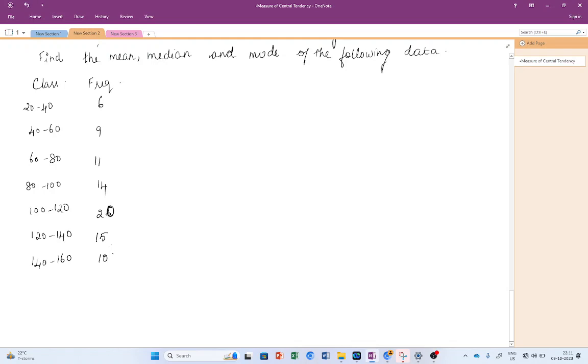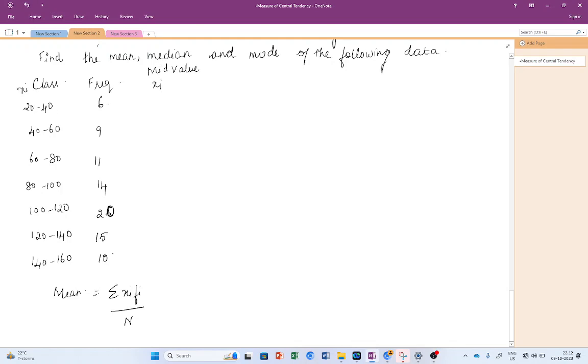Okay, so first thing, to find mean. So your mean is nothing but summation of xi fi divided by n. This is the formula, but you can see that here your xi is in an interval. Okay, so you cannot multiply 20 to 40 into 6 and find xi fi. So what you do is, you have to take the mid value of this. So your xi will be the mid value.